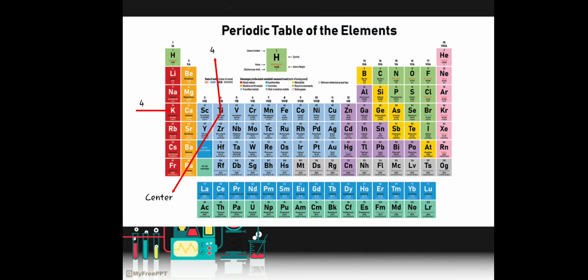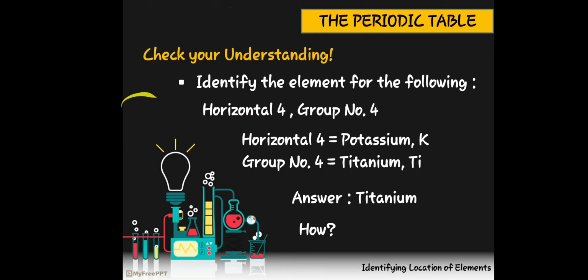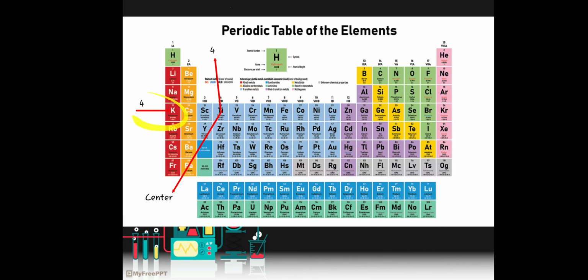We have titanium, the group number 4. Understood? Let me repeat. Along the line of it, the horizontal, just count 4: 1, 2, 3, 4. Then you've got the horizontal 4, which is potassium.